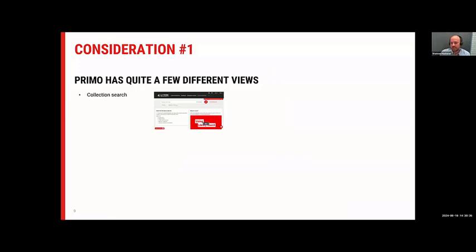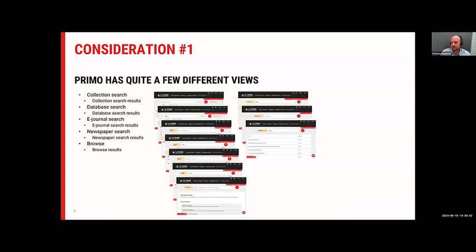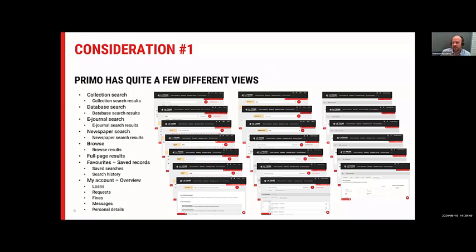So the first consideration is that Primo has quite a few different views. You've got the standard collection search, and then the search results of that, database search, database results, and then you've got all the other different types of search results, the favorites and the My Account and their tabs within it. So just looking there, we've actually got 20 views, and I may not have accounted for all of them.